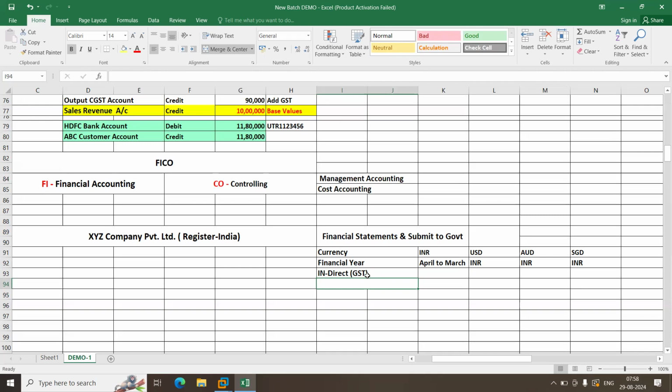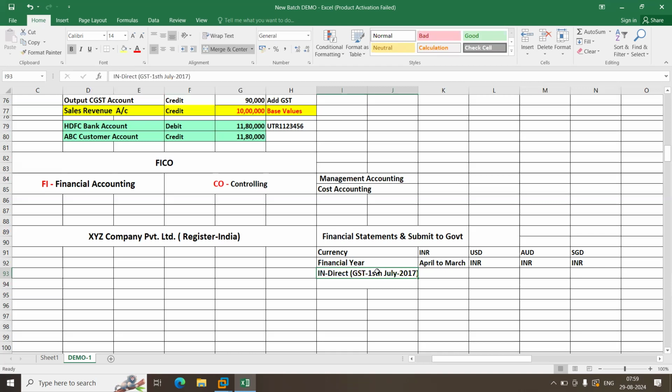So mostly GST is enough. You don't need to learn the old taxation, which was before June 2017. From 1st July 2017 onwards, we are using the new taxation, GST. Whoever has more than 10 years of experience may need the old taxation. Otherwise, the new taxation is enough. We will discuss the new taxation.